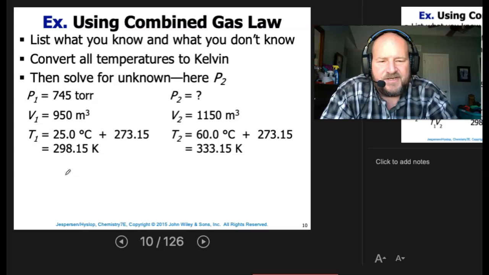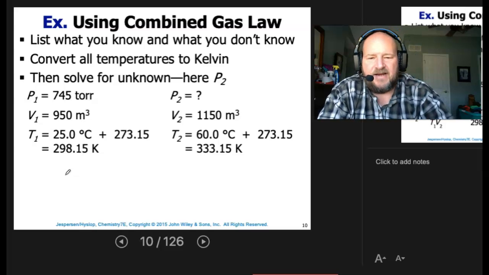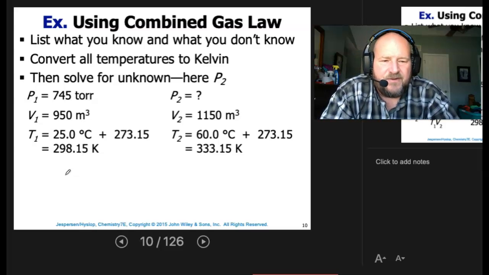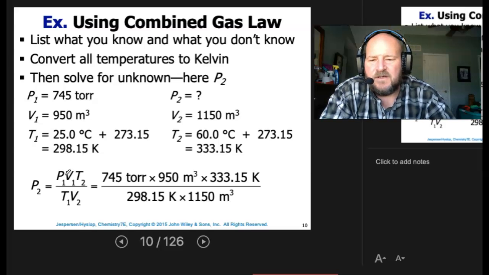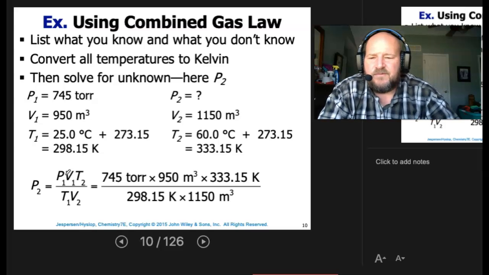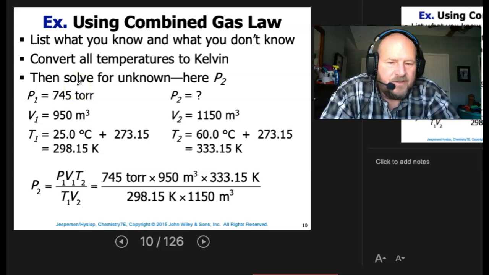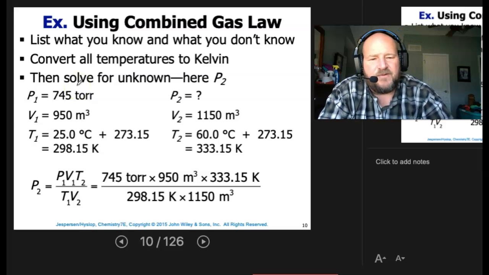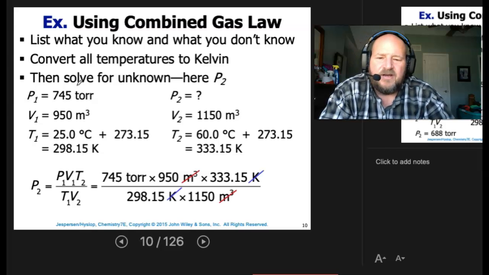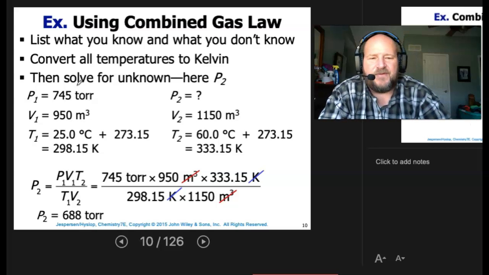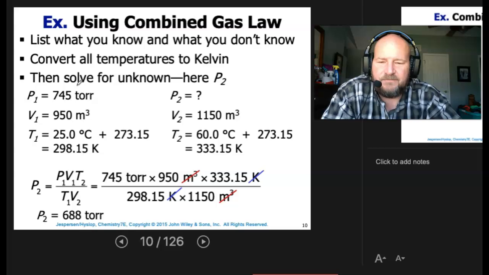T2 they told us 60 degrees C, and so we're going to add 273 to that to get 333.15. P2 then would simply equal P1 V1 T2 over T1 V2. At this point we plug and chug. We didn't worry about converting those meters because they're going to cancel each other out in the equation. Kelvin will cancel out. We'll be left with a pressure in torr, and after we run that through our calculator we get 688.